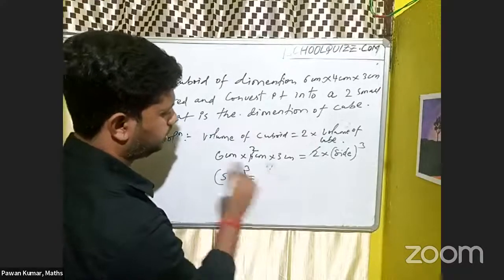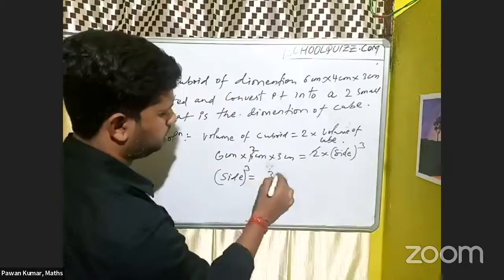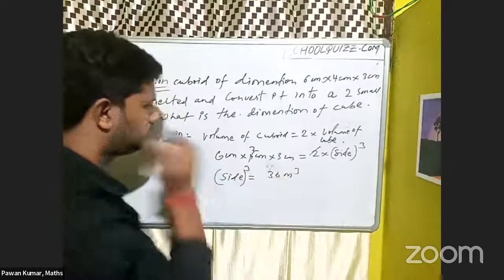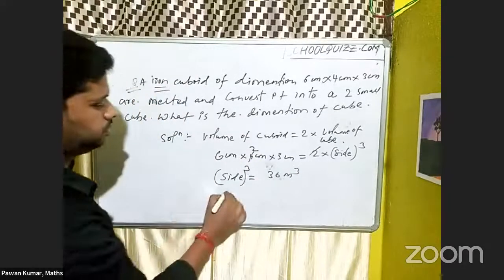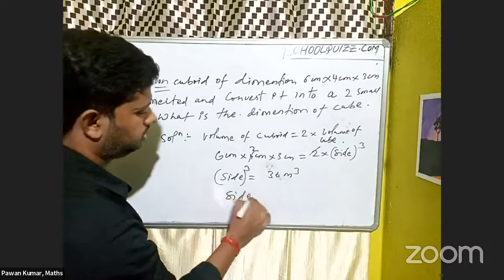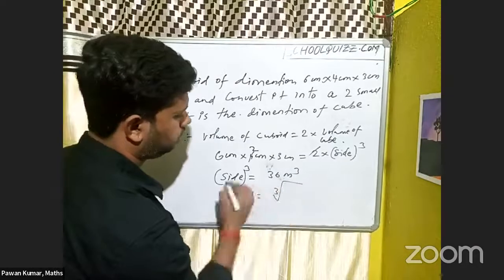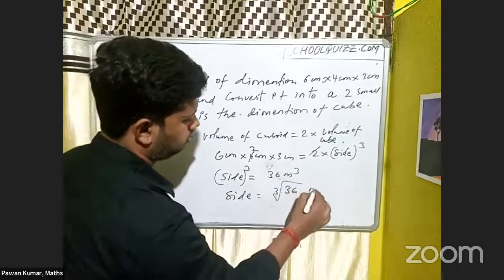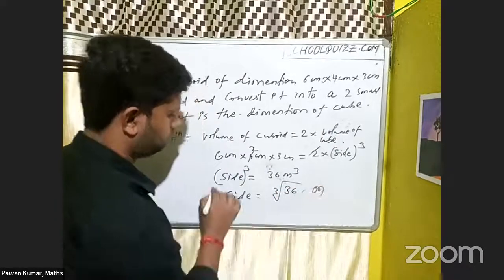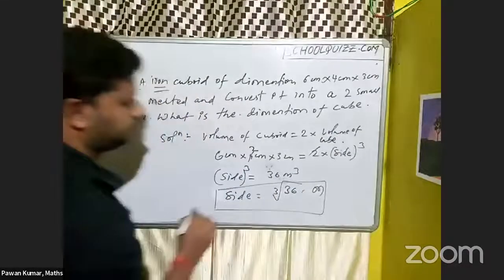So we can get it as 36 centimeter cube. So the side will be cube root of 36 centimeter.